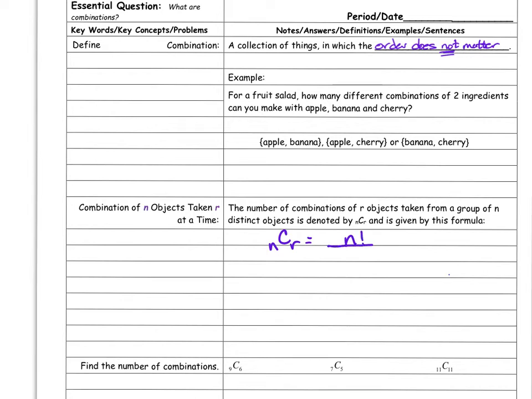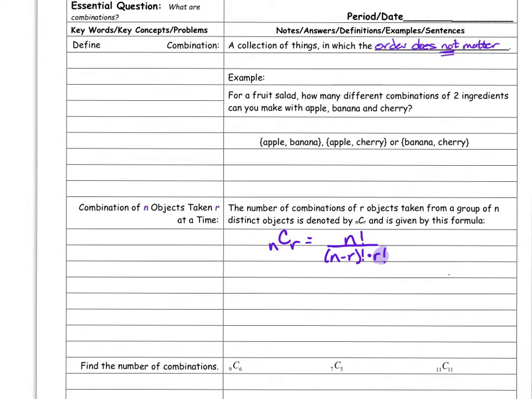In fact, it looks very similar to the permutation one. The only thing different is we're adding this little r factorial onto the end. I'm dividing by something else, so it makes it a little smaller.